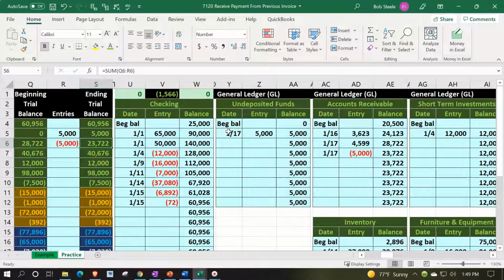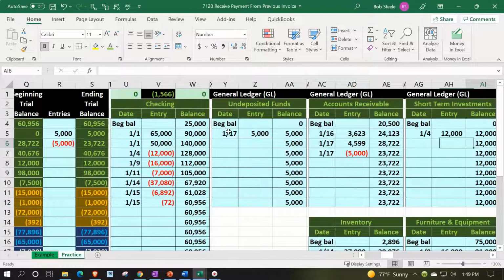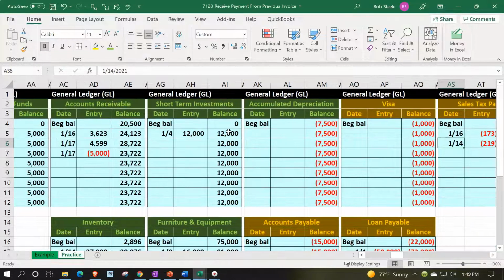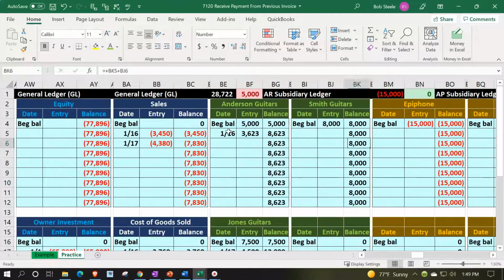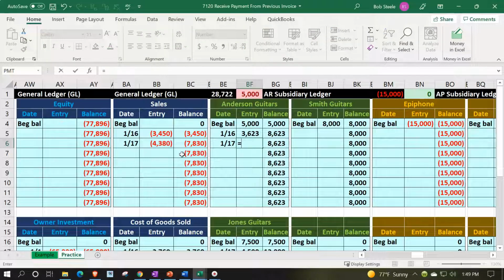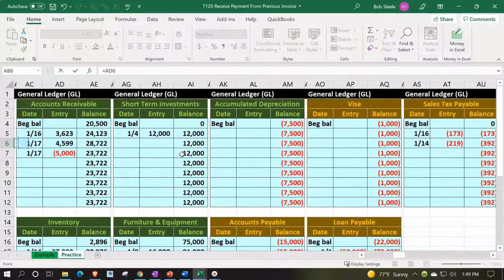Now we also have to post it to the subledger. The subledger breaking out the AR by who owes us money. All the way over to the right, we're looking at Mr. Anderson. Looking at you, Mr. Anderson. Stop asking questions over here. Pay us our money. So then we're going to say in BF6, this is going to be equal to left to the wall.